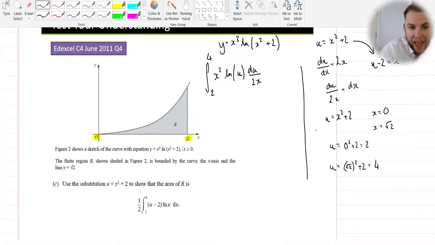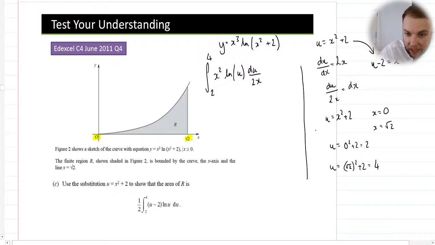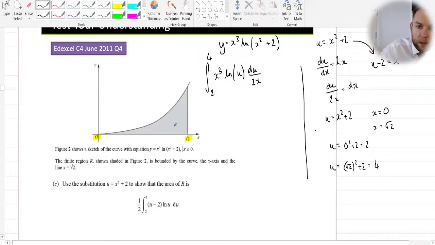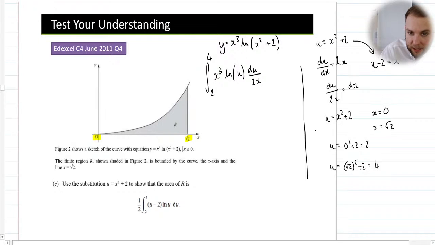So the x's will cancel here, so that is going to be squared. I end up with the integral between 2 and 4 of x squared ln of u with respect to u.